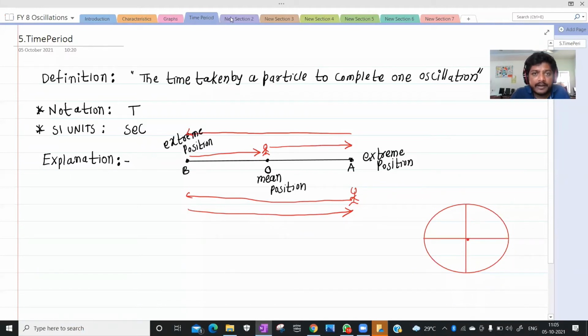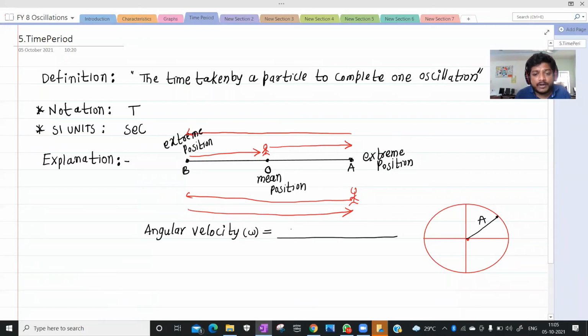The radius of the circle is nothing but the amplitude. So tell me, what is angular velocity, denoted by omega?